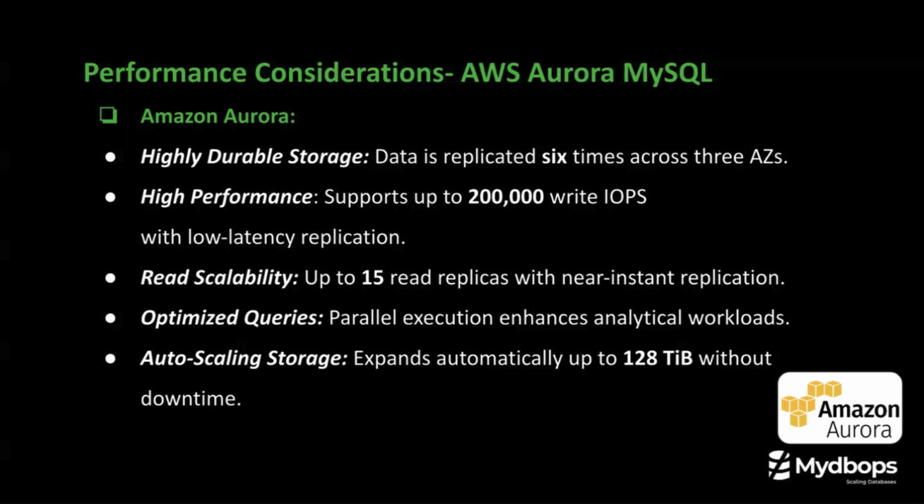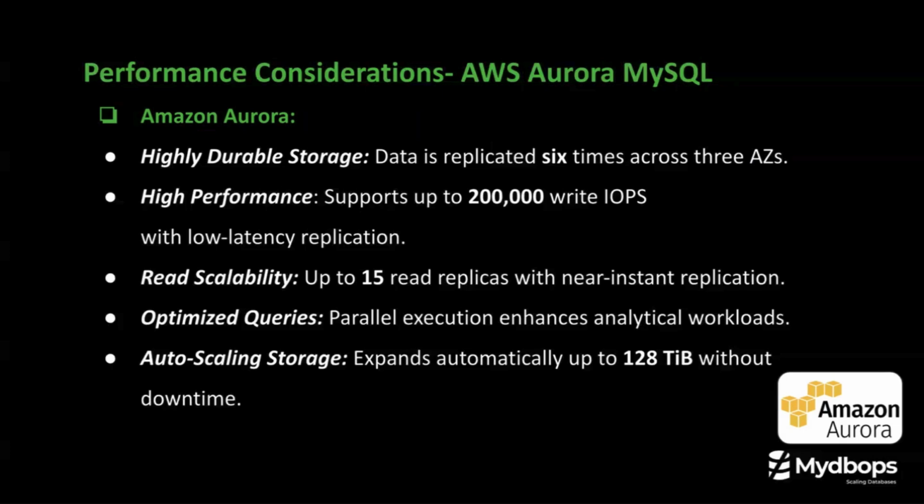For read scalability, Aurora allows you to create up to 15 reader instances. The best part is that these instances use near instant replication. They stay almost in sync with the primary database to ensure fast, efficient query distribution.